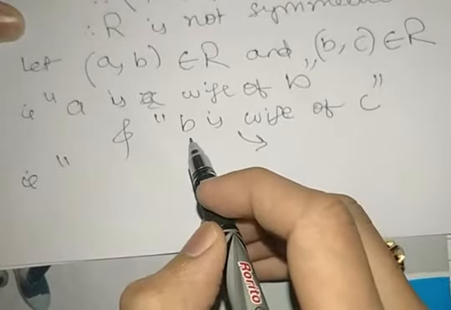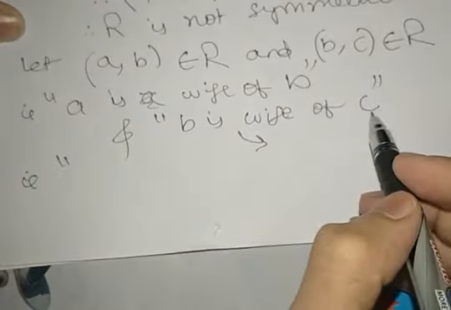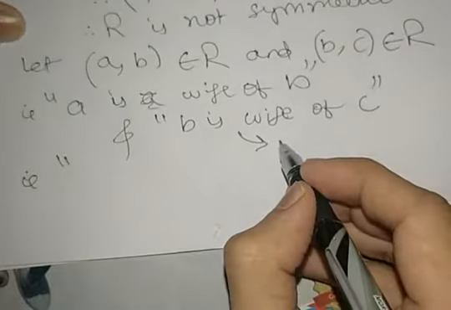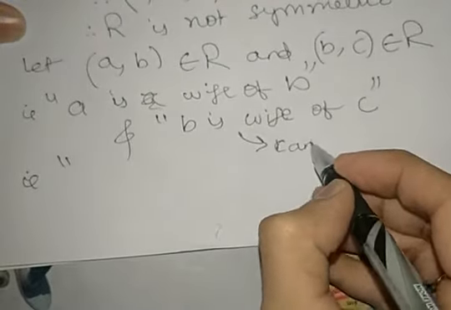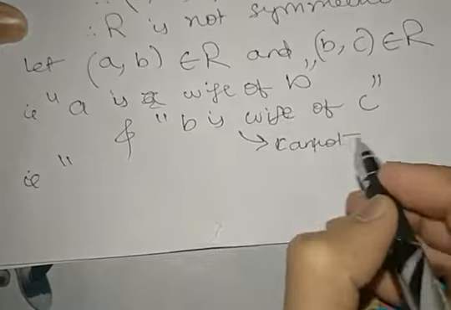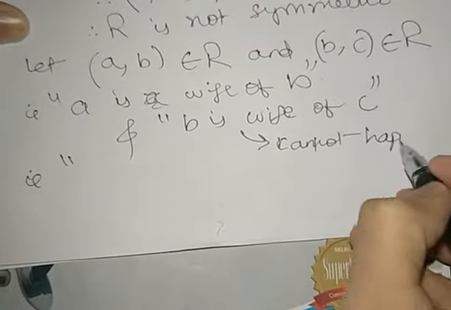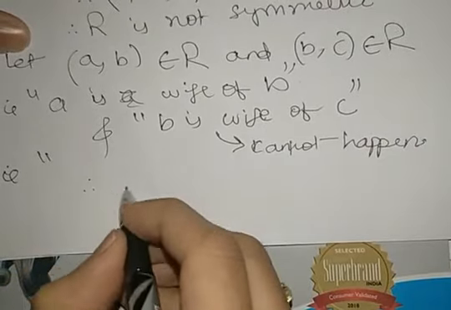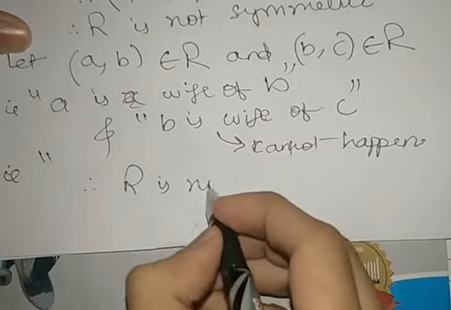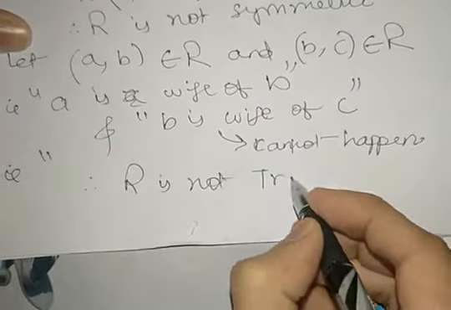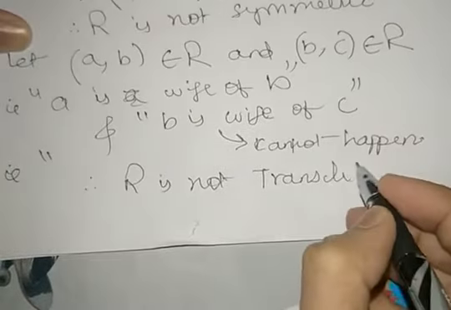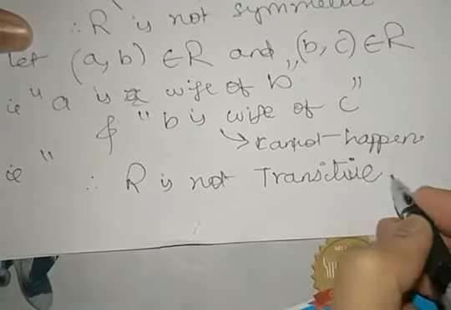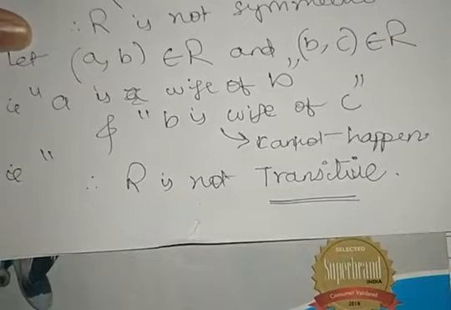So B male is a wife of C. It cannot happen. So therefore R is not transitive. That was the problem number D.